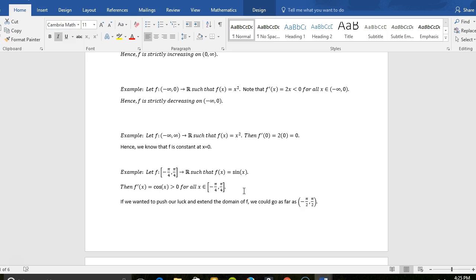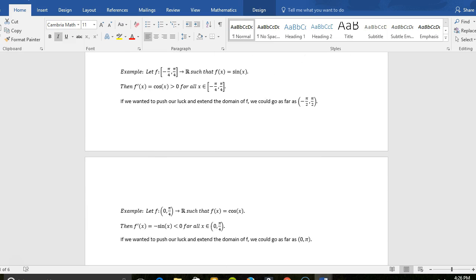If we pushed it any harder than this, we would run out of luck. On this interval, f prime is positive, and we are strictly increasing.